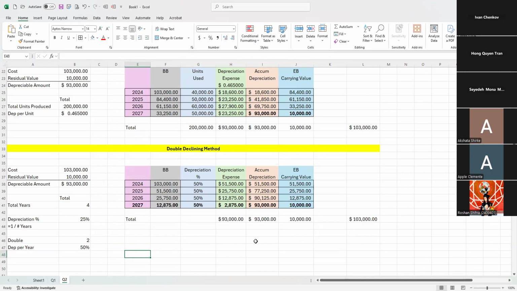That's an interesting question. Let me stop sharing for a second because I need to do some adjustments on the Excel spreadsheet here, and then I'm going to share it again. Perfect. It works.